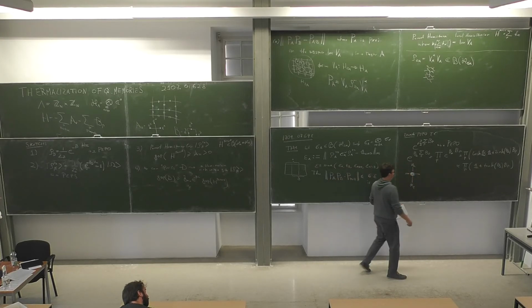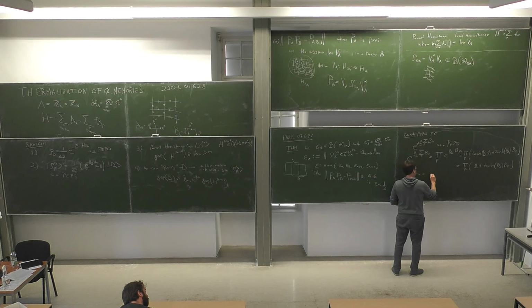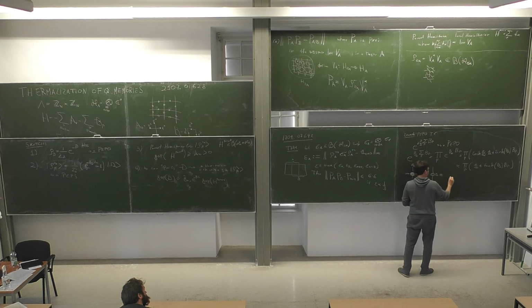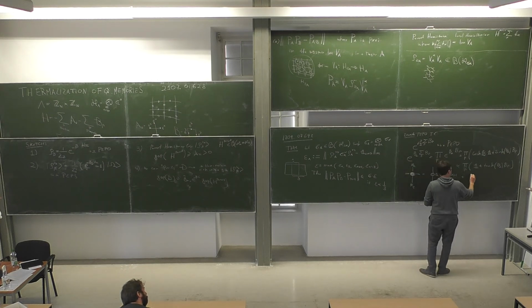And so what I want to do is this is going to be the identity tensor, for example, a fixed one-dimensional state, like a projection onto 0, 0. And then it's plus the BP tensor.